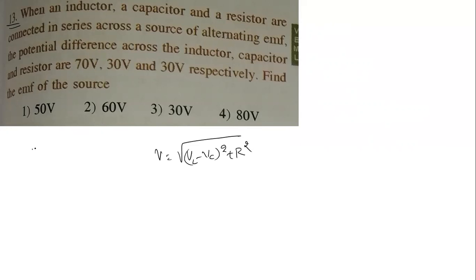I'm leaving this question as an assignment; you can solve it using this formula and you should get the answer 50. Take a screenshot of this question and do it.